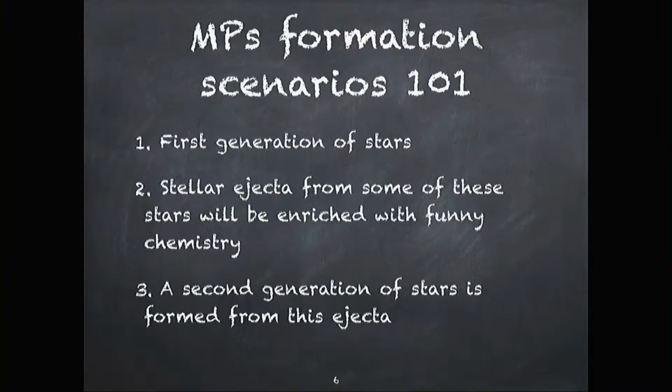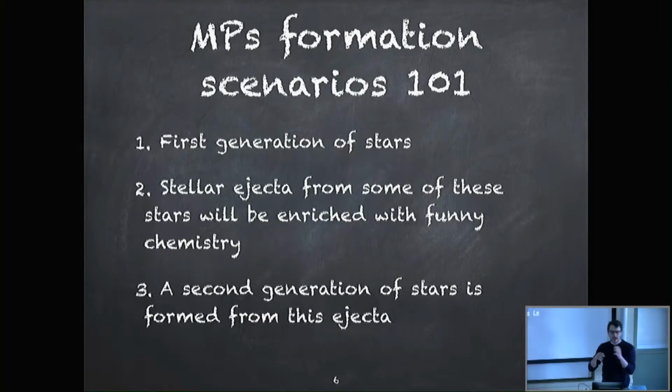And then you're going to form second generation stars with the ashes of this first generation. So you're going to have this chemical signal that we only find in globular clusters. And then the cluster is going to evolve with these two different star formation bursts, each of which has this unique chemical composition.